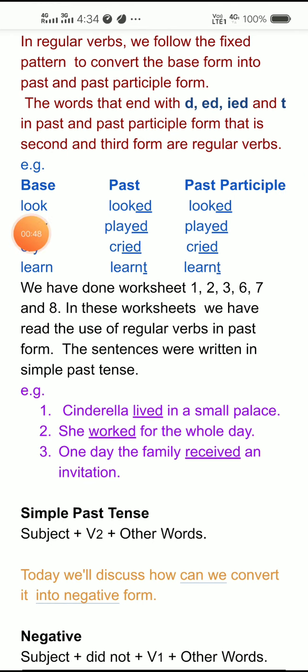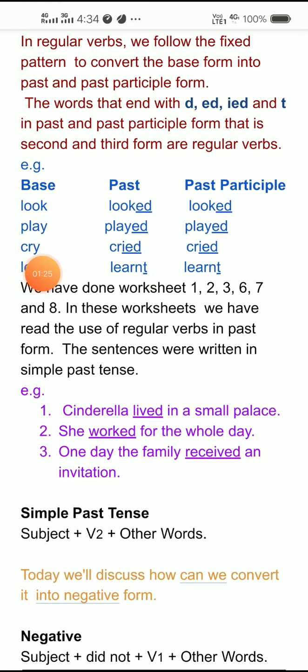You can see here: look, looked, looked; play, played, played; cry, cried, cried; learn, learned, learned. So I have underlined here some letters: ed, ed, ied, and t. Look is the base form, and ed is used with the base form to make its past and past participle form. Ed is used with play to form its past and past participle form.